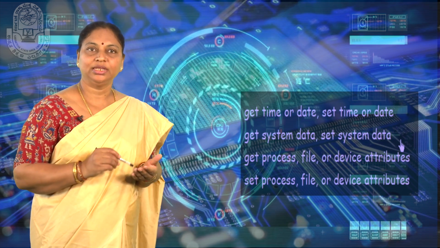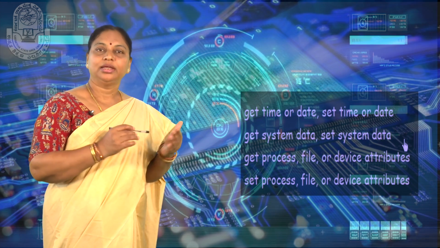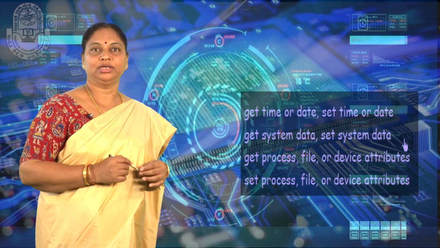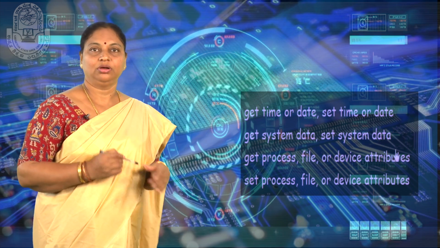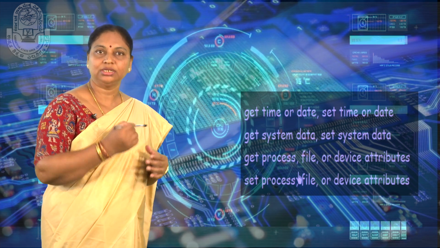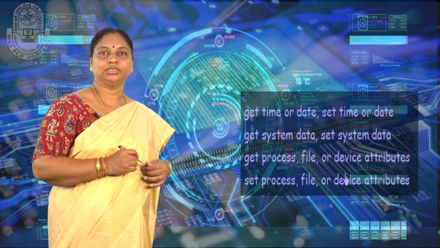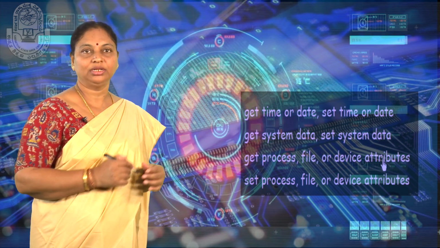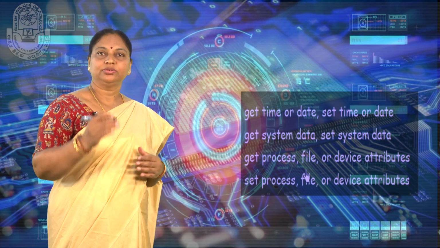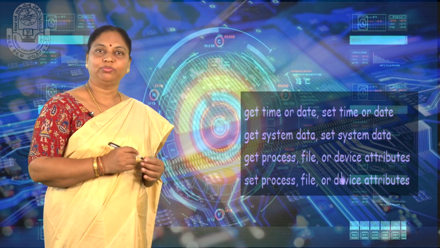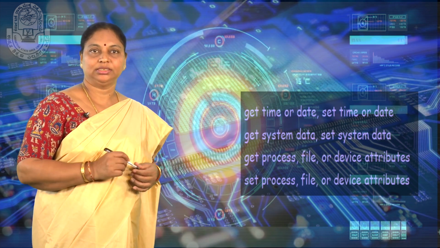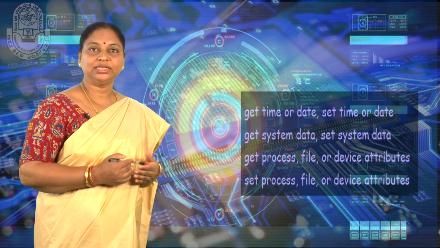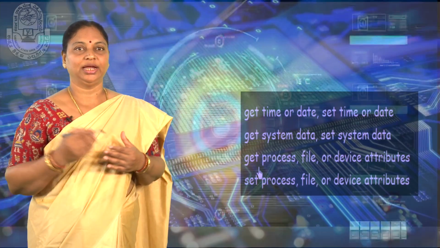It returns information like the number of users who are using the system at that particular instant of time, the operating system, the version of the operating system, and how much memory is available at that particular instance of time. These informations will be obtained by the get system data system call. Next we have get process attributes, set process attributes.